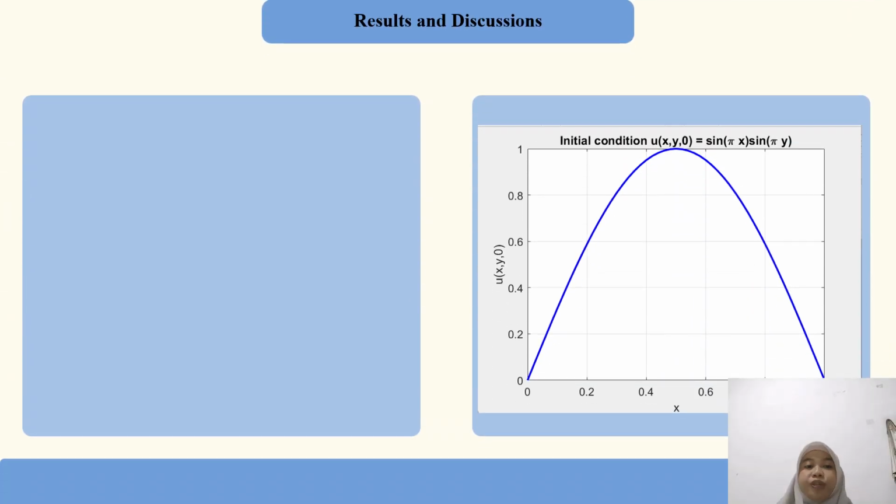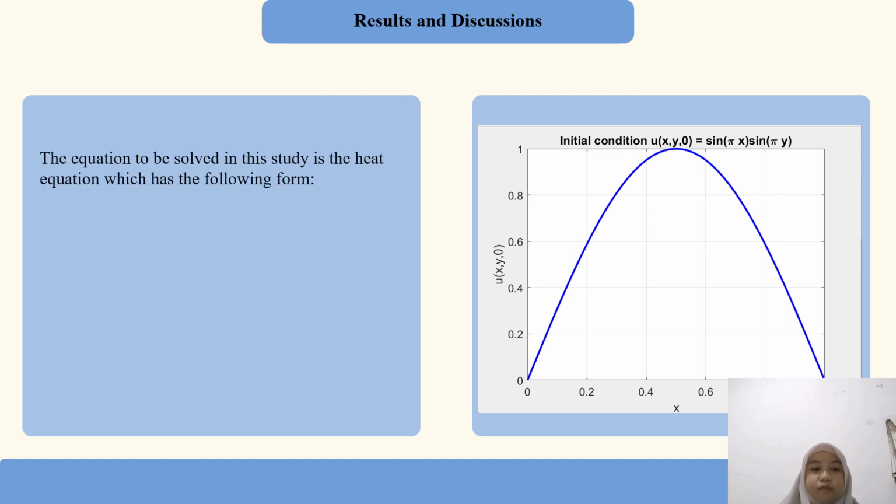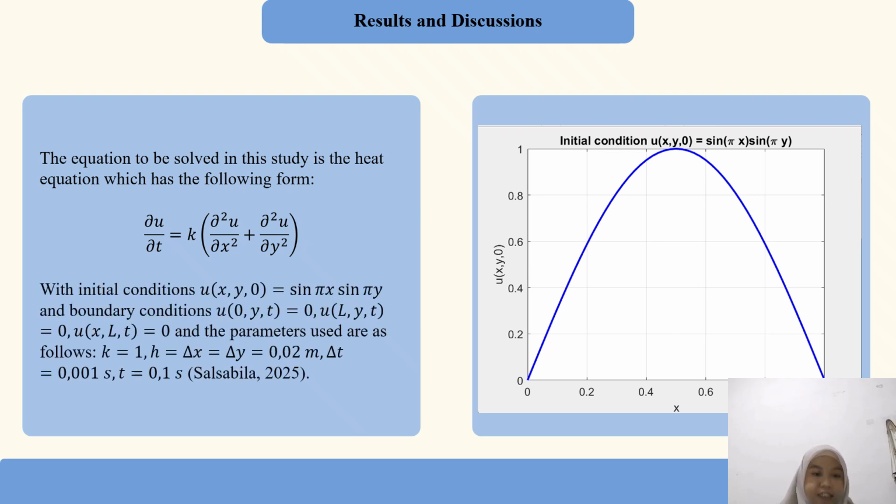The equation to be solved in this 2D heat equation has the following form, with initial condition u(x,y,0) equals sin(πx) sin(πy), and boundary condition as given by Salsabila 2025.